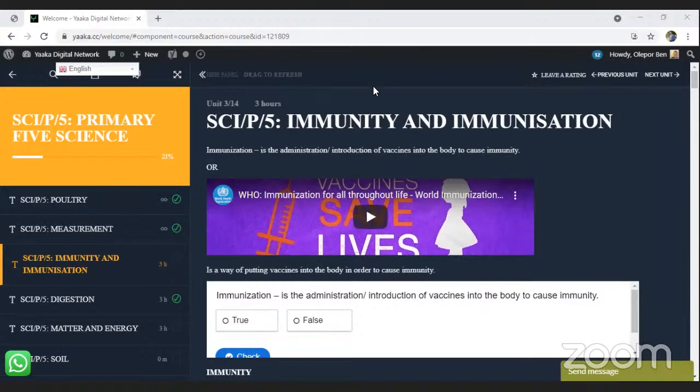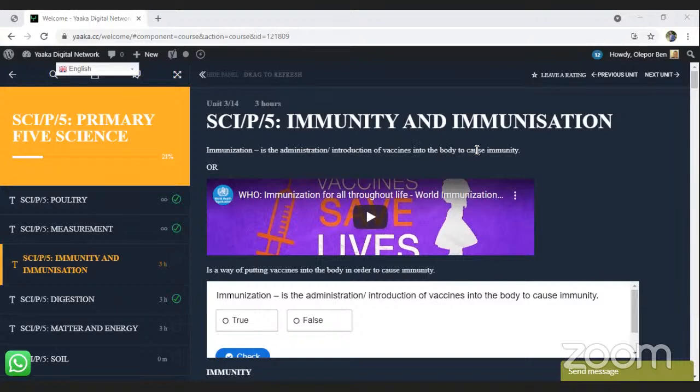Okay, so it is not false. It is true, because from here you're seeing that immunization is the administration of vaccines into the body to cause immunity.